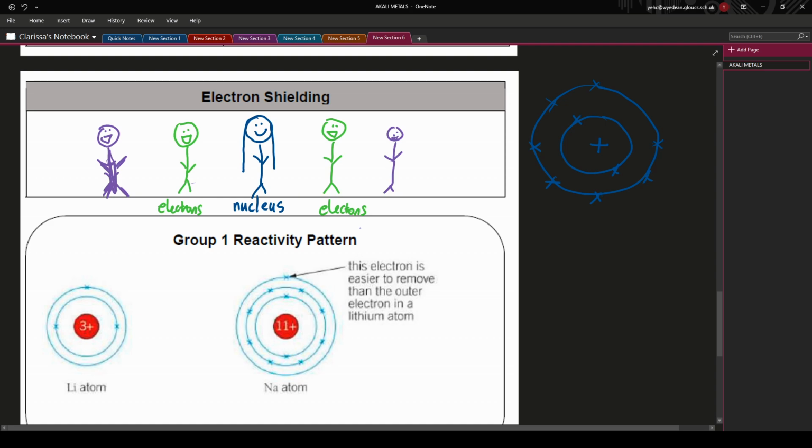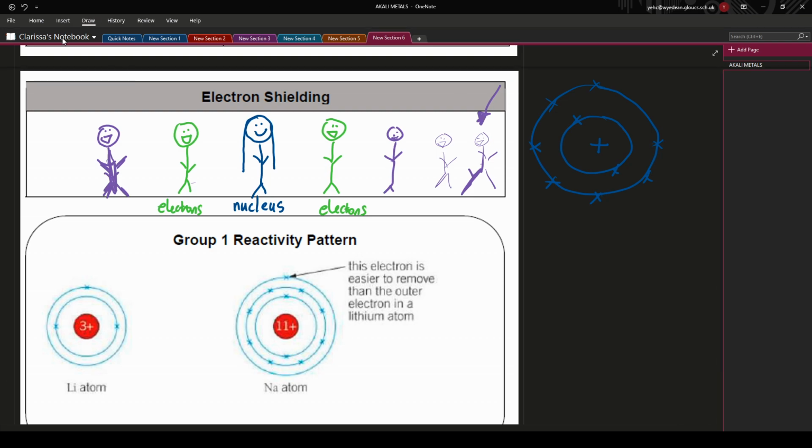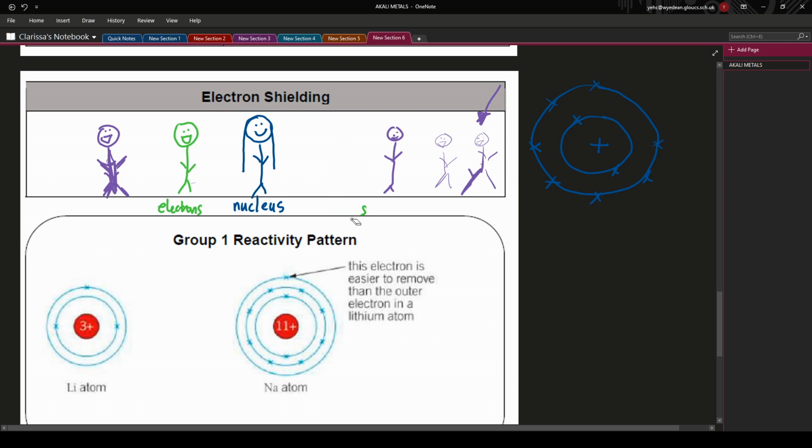If I kept drawing more and more people, so more and more shells of electron admirers, eventually this dude over here is going to be so far away that he can't even see her because there are all these other electron admirers blocking his view. So he just isn't interested anymore. There's too many people in the way. You know what? Forget it. I'm out. I'm gonna go and get myself some lunch instead.